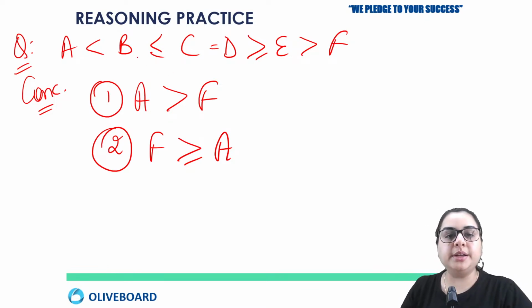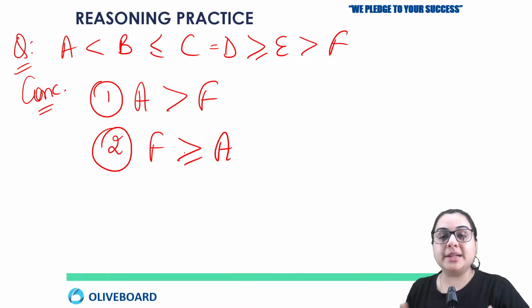Okay, because here it is opposite sign between A and F. Now the first conclusion is greater towards A. Second one is greater towards F.